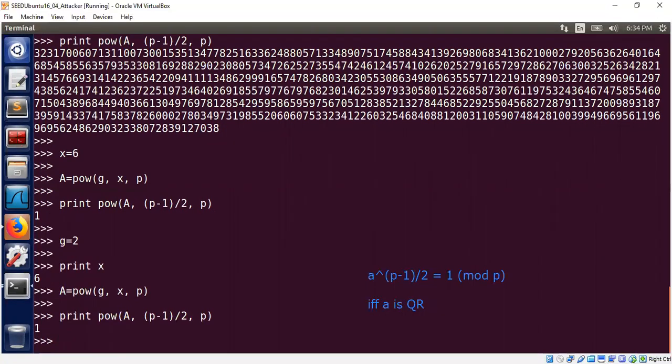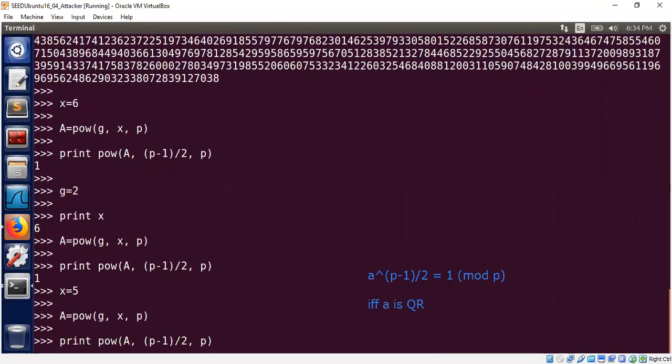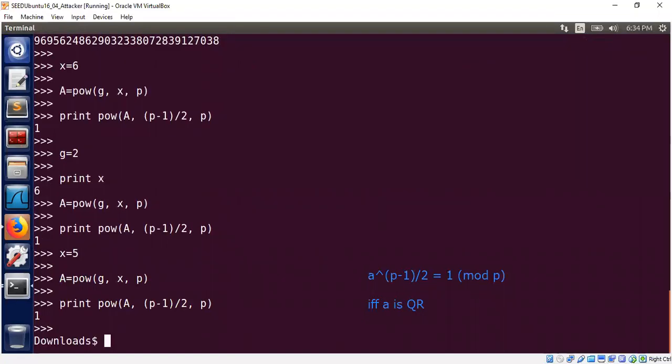Okay, what about the case when x is odd? Let's consider the case x is odd. We will do the same again, and we can check it's also 1. So it doesn't matter whether x is odd or even. If we choose G, which is basically a quadratic residue, then we can be sure that we hide the least significant bit. Okay, that's one of the interesting properties I would like to demonstrate to you. I hope that that's clear.